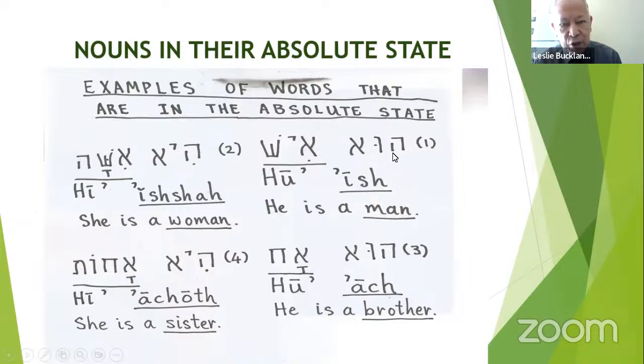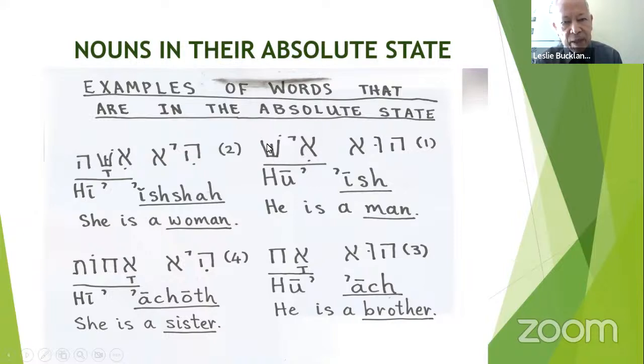So the translation of hu ish is he is a man. Now notice nothing is said further about this man. And so because ish stands by itself, without any further explanation, it is said to be in the absolute state.